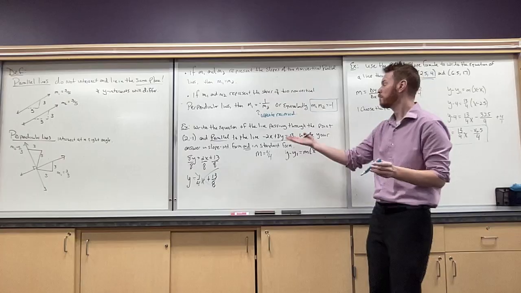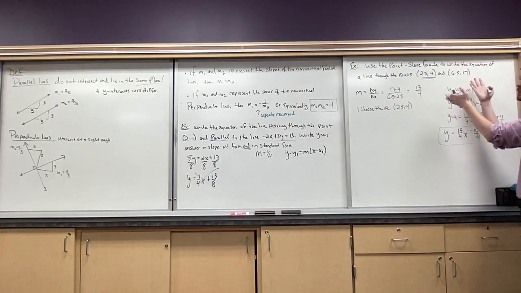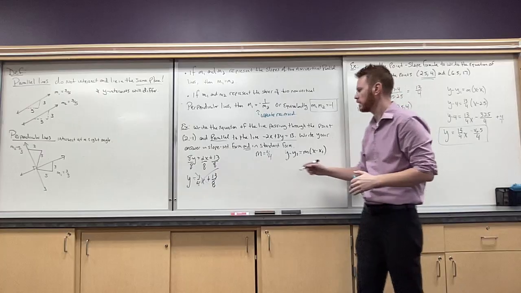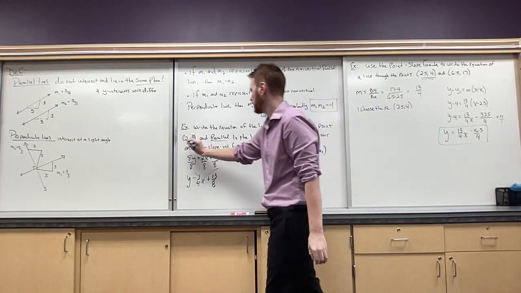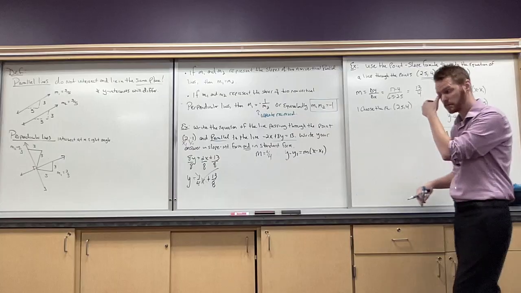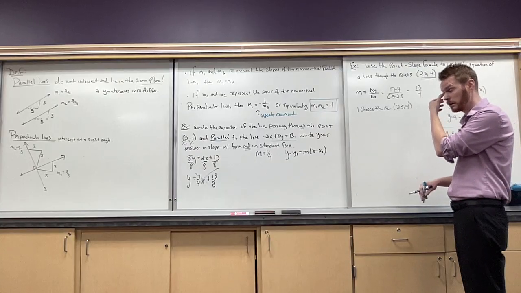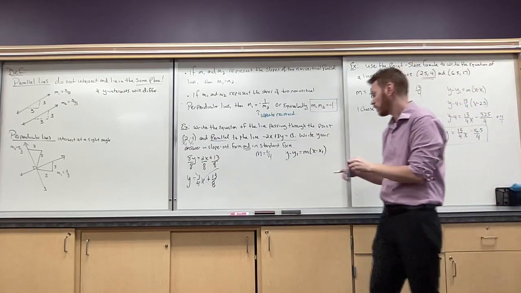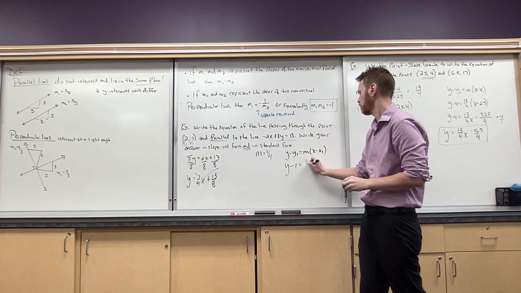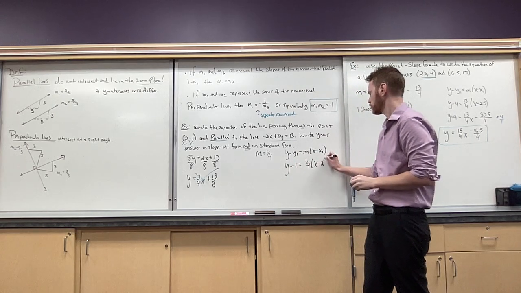I don't have a choice of points here, unlike the earlier example where I was able to pick a point. I'm kind of stuck here, but that's no big deal. If you want to label this, you can. I think the more organized you are with math problems, the less likely you are to make a mistake. We have y minus negative 1 equals 1/4 times x minus 2.